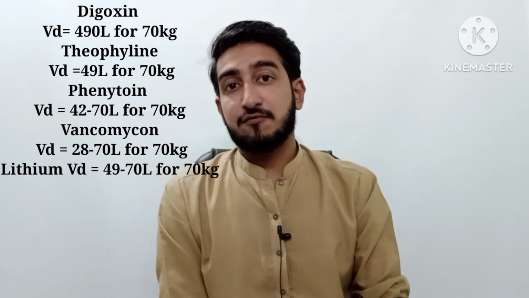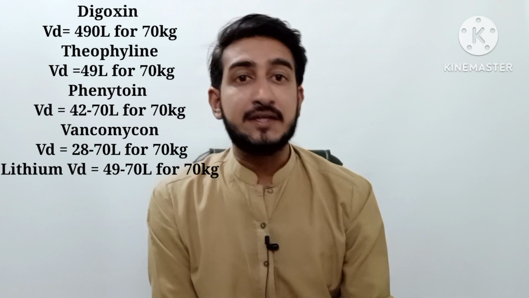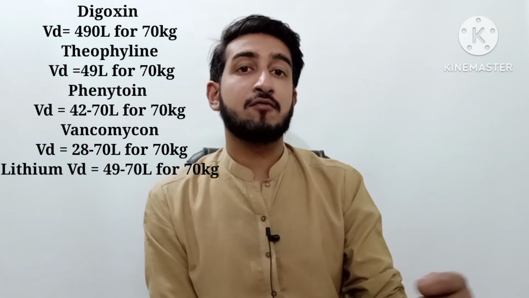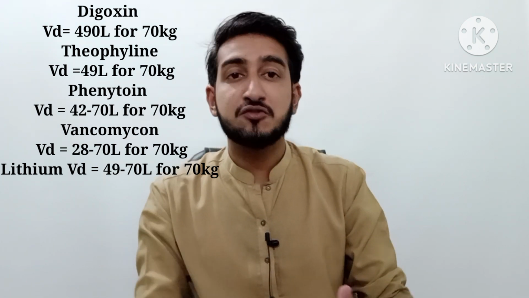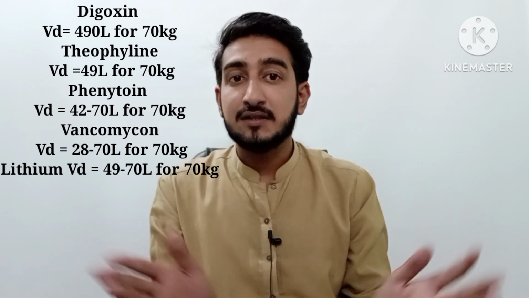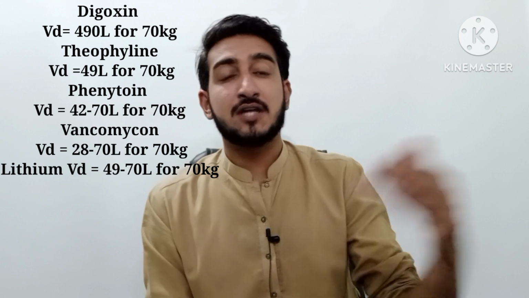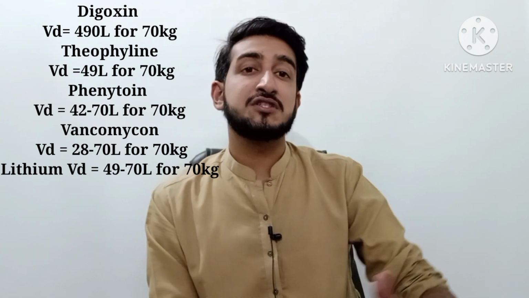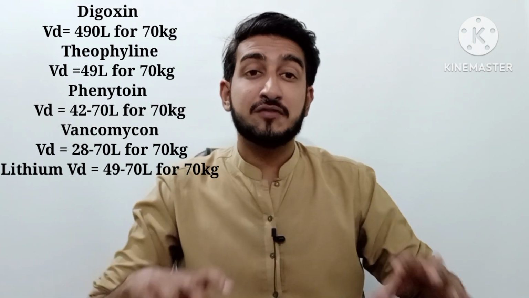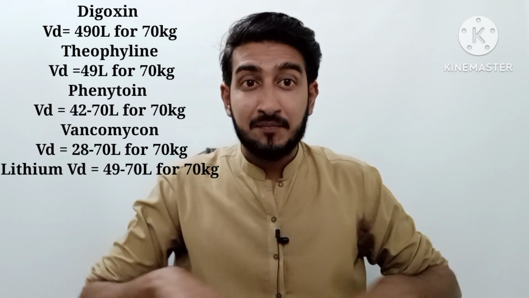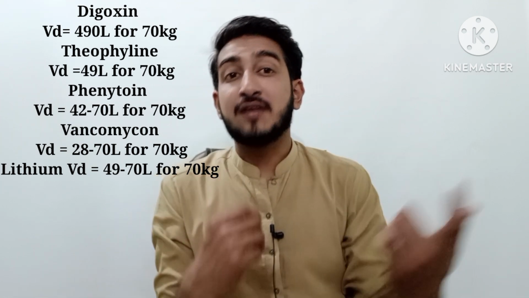First of all, let's talk about VD. VD is the apparent volume of distribution in which the drug has to distribute itself within the body. If the VD of a drug is very high, a high concentration of the drug is needed to overcome that volume of distribution.